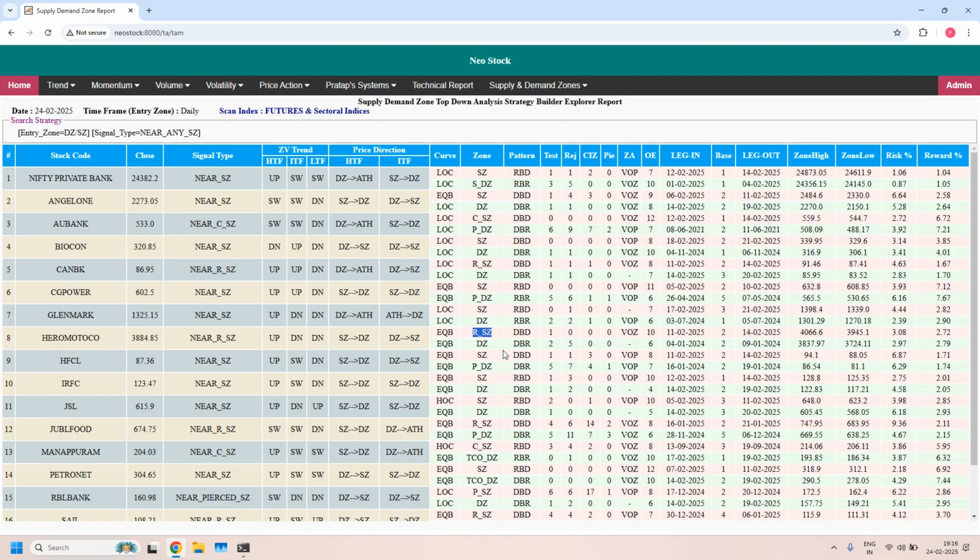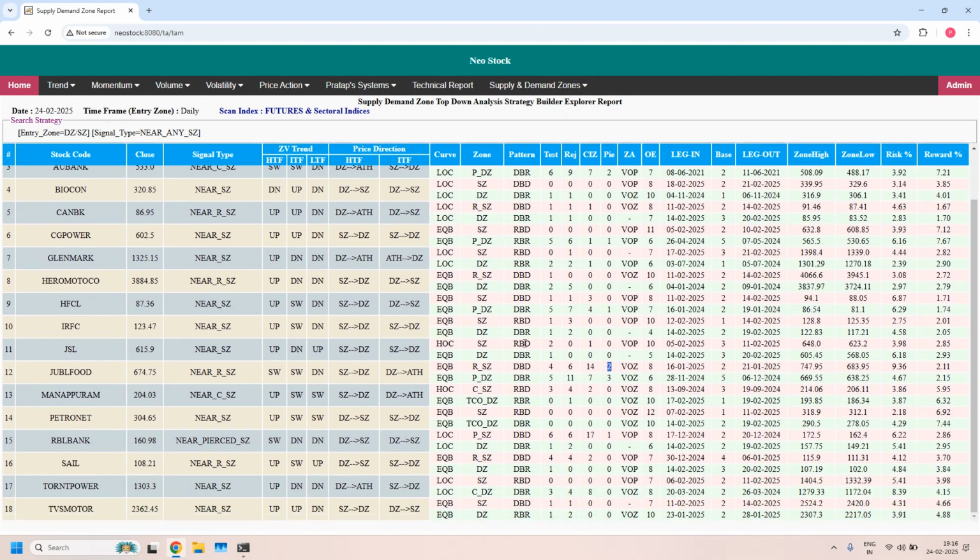Hero Motors is having a high liquidity daily supply zone. Jubilant Foods is a pierced zone, so we don't consider it for the HLQ zone strategy. Manappuram is having a daily high liquidity supply zone. SAIL is having a daily high liquidity supply zone. That's it. We have identified 5 high liquidity daily supply zones from this list.